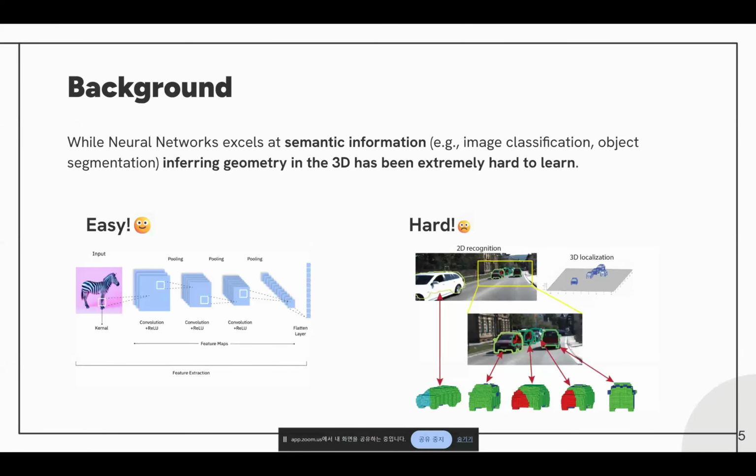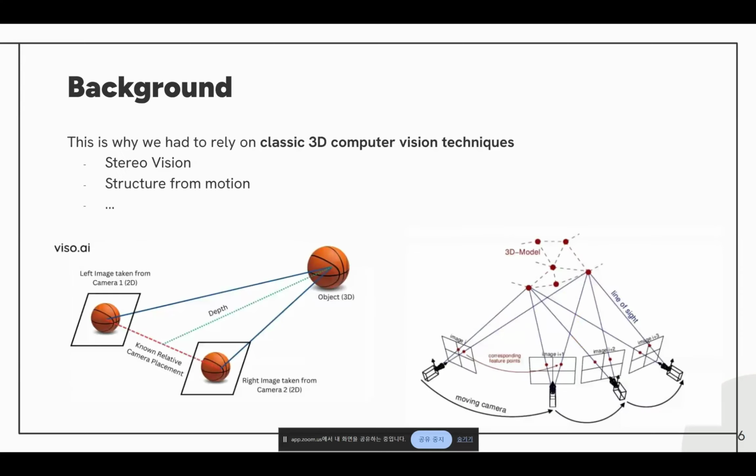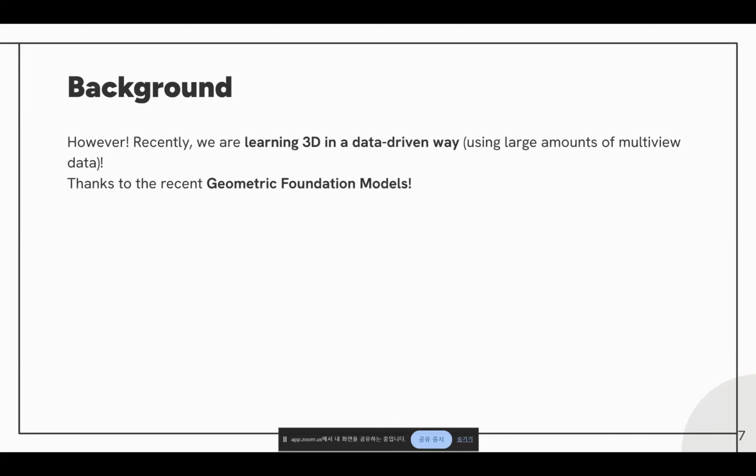First, the background. While neural networks excel at semantic information, such as image classification or object segmentation, inferring geometry in 3D has been extremely hard to learn. That's the reason why we rely on classic 3D computer vision techniques such as stereo vision and structure from motion.